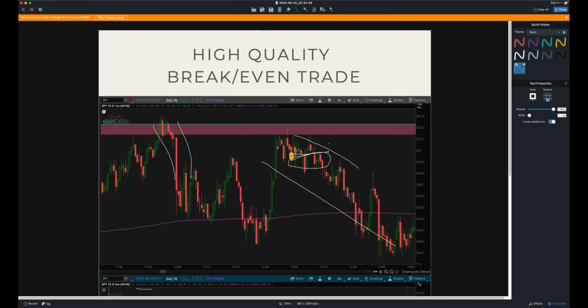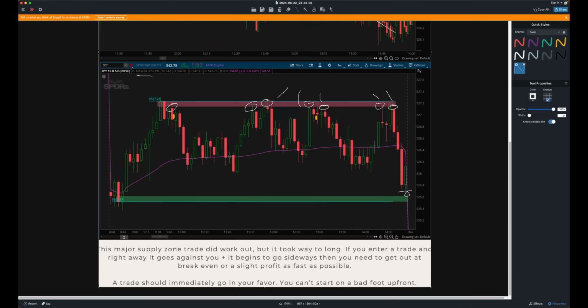If you're new, if it starts going against you, get out at break even. Perfectly fine. If you're intermediate or advanced like me or some of the students, then that's fine. You can go ahead and hold the trade, wait until it works out, etc. Which is why it's high quality, but a break even trade for many new traders specifically. So as mentioned down here, and I'll change this to red in this spot down here, a trade should immediately go in your favor.